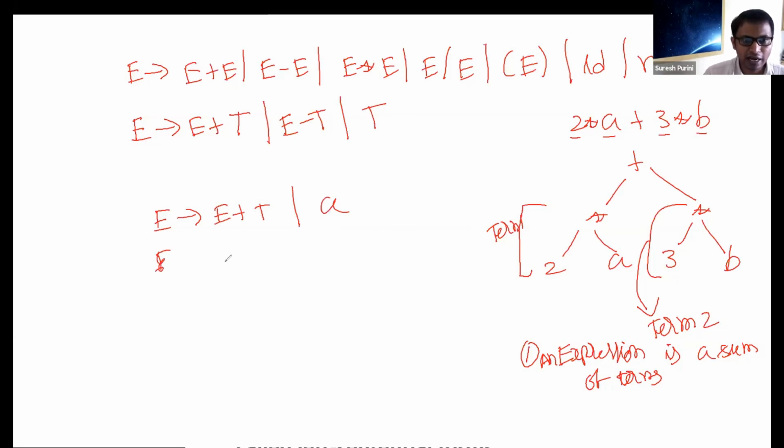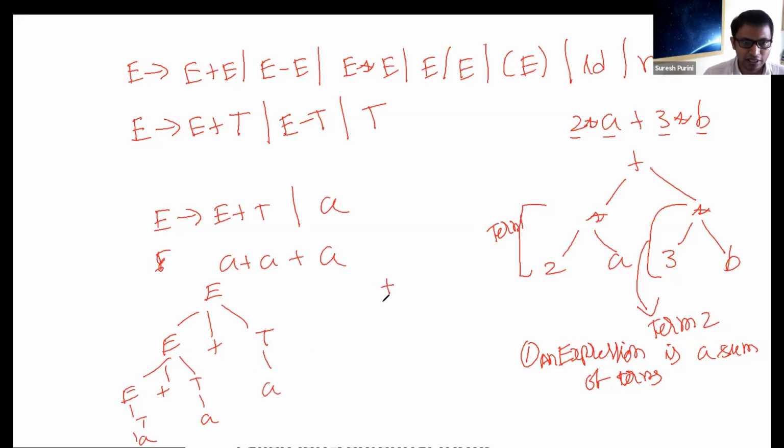If you consider something like A plus A, then this is E plus T, this is T, this is A, this is A. The associated AST is this. So by writing the substitution rule in this particular way, E goes to E plus T, we are giving left associativity semantics.